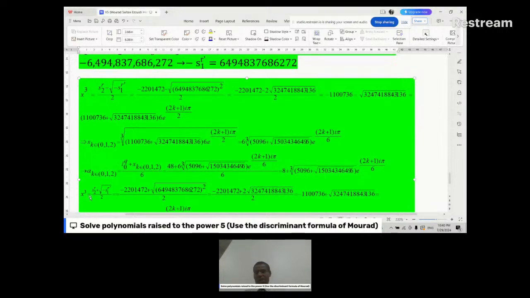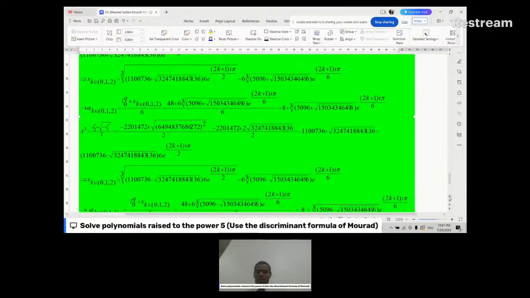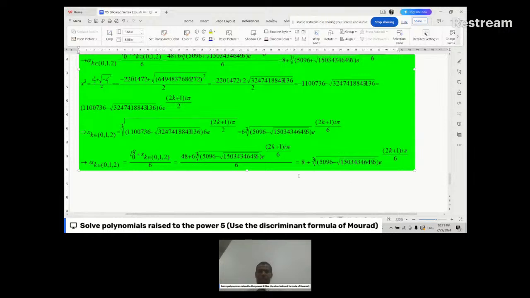The rest also come from x cubed, with the same answer but different sign. Therefore the roots of this polynomial, for k from 0 to 2, are 0 plus cube root of this value exponential 2k plus 1 i pi over 6.